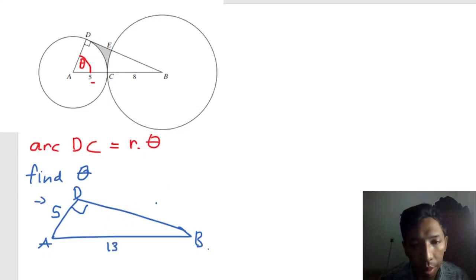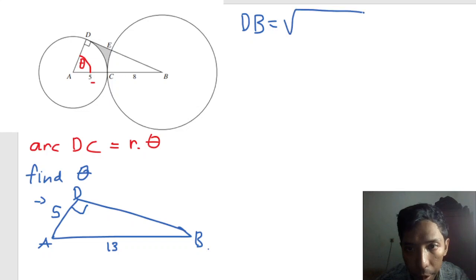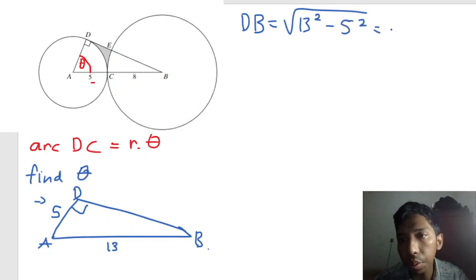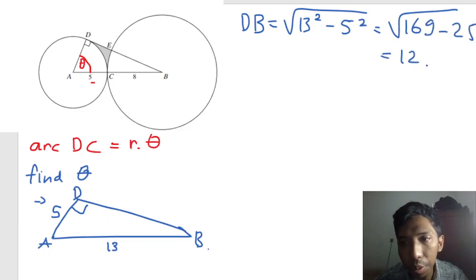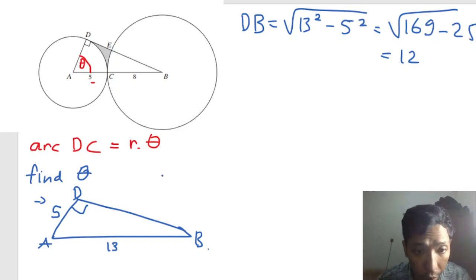You can use the Pythagorean triple if you remember, but if you don't, 13 squared minus 5 squared is 169 minus 25, which becomes the root of 144, and that is 12.